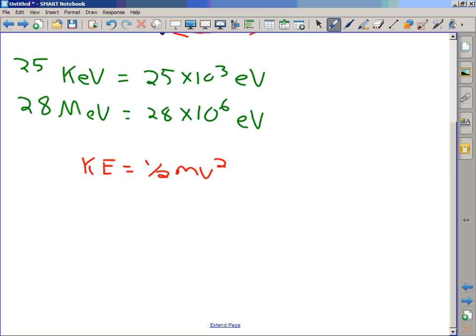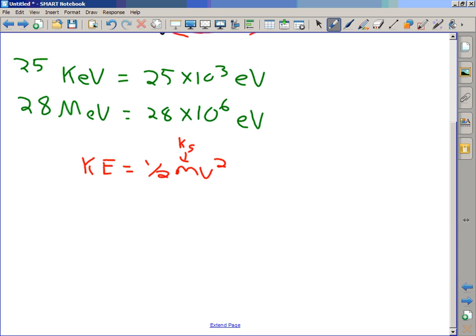If I'm plugging in mass in kilograms, for example, mass of an electron, 9.11 times 10 to the negative 31st kilograms, the energy that goes for kinetic energy there has to be in joules, right? So I might have to convert from 28 mega electron volts over to joules so that I can plug in to get the velocity.